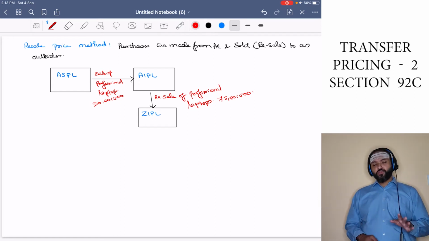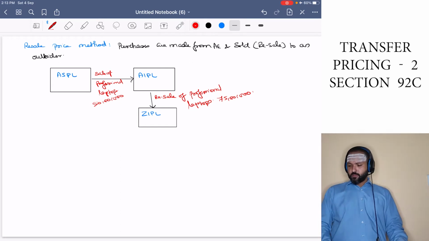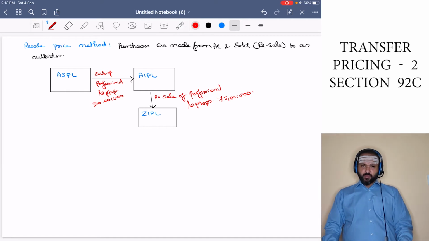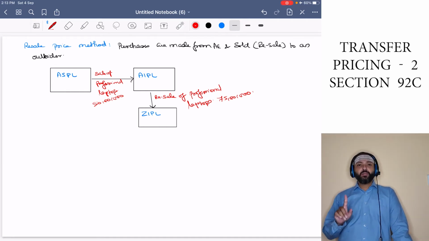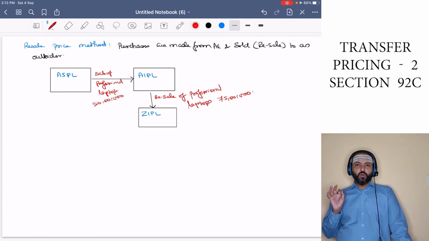So now we are forced to resort to a different method. So how should we start? Again, the principle does not change. Under the comparable uncontrolled price method, what did we do? We said that we will start off with something which is a reliable number, something which can be called the correct number. So we started off with the uncontrolled price.